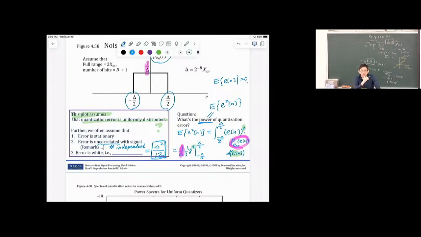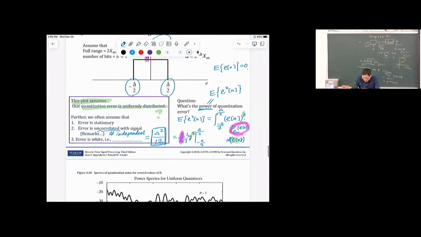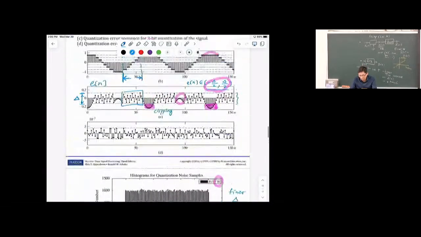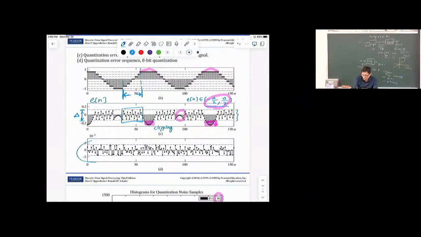So I want to mention this. The third item is how we are going to examine together next. We also often assume that the error is white. E of n, the signal right here, this sequence, does it look white?